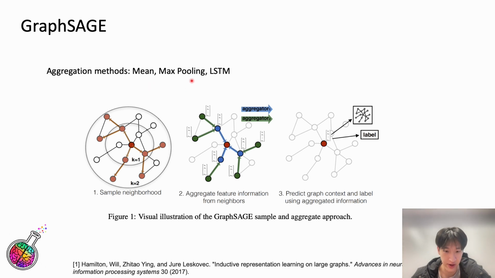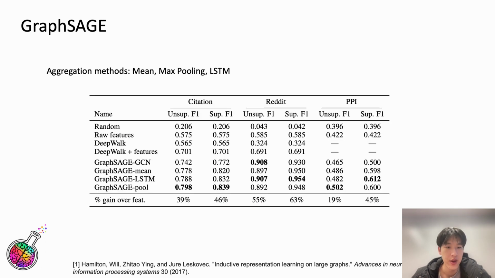Max pooling chooses the max value of all of the neighborhood features. And LSTM uses long short-term memory to apply attention to each feature and add them together. Although LSTM is the most complex one, the performance shows it cannot outperform the other kinds of aggregation methods.